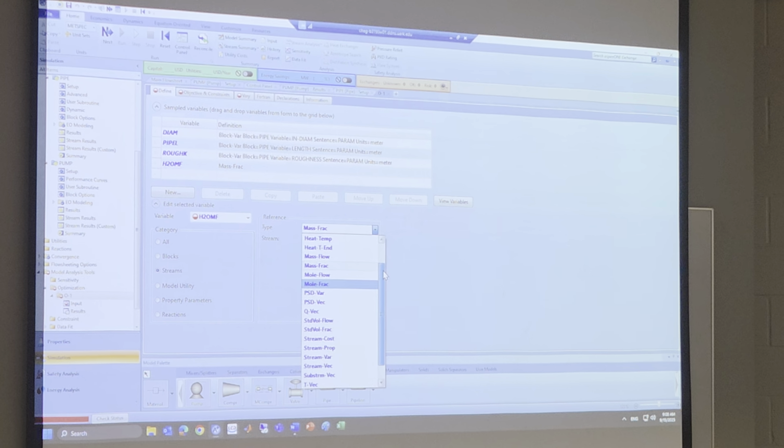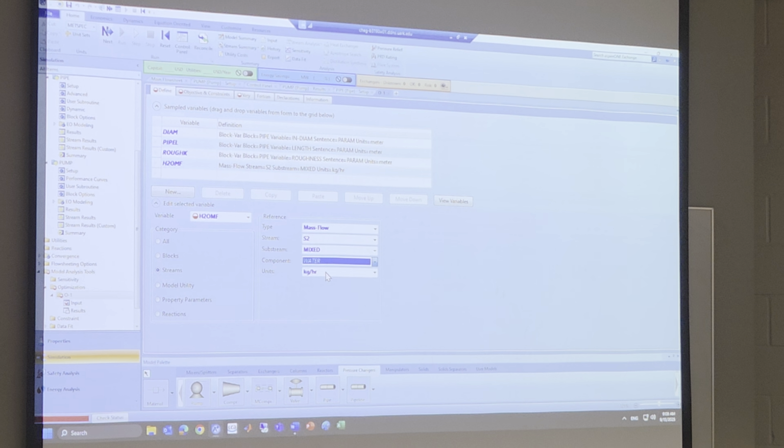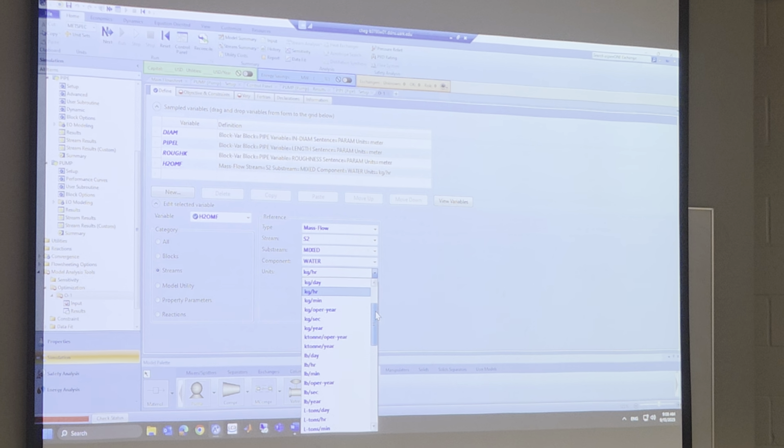It's mass flow. Stream, the input stream to pipe is S2. Component is water flow. Pay attention here to the unit, kilogram per second. So just use the given unit.